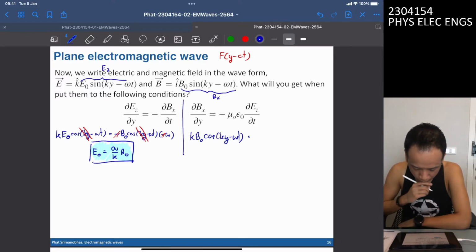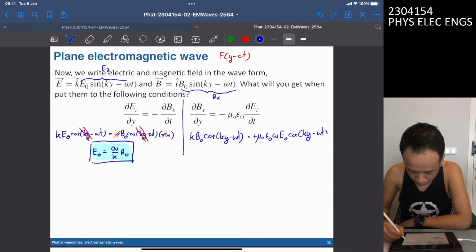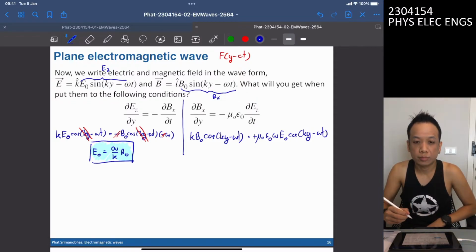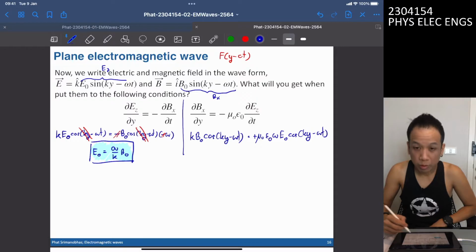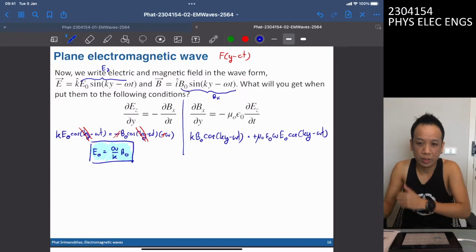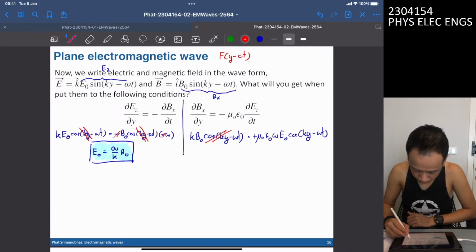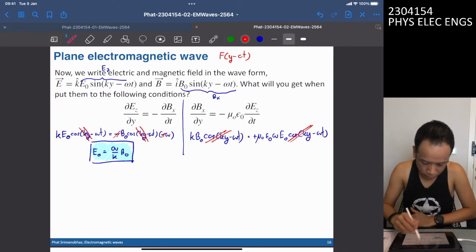On the other side, you have minus mu 0 epsilon 0 with respect to t, so you're going to have plus omega, E0 cosine of ky minus omega t. If you don't follow, try to do it step by step. You differentiate the overall function and then you differentiate the inner part of the function. You cancel this one.